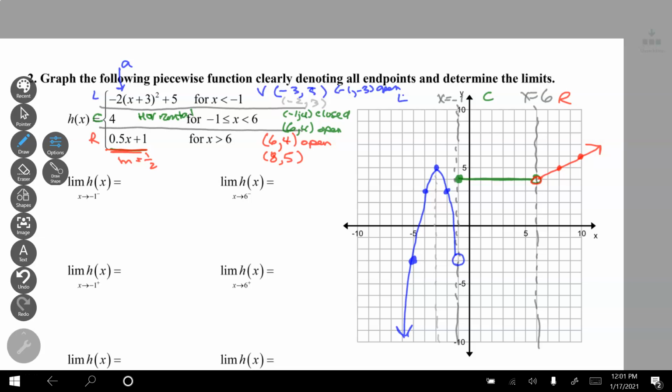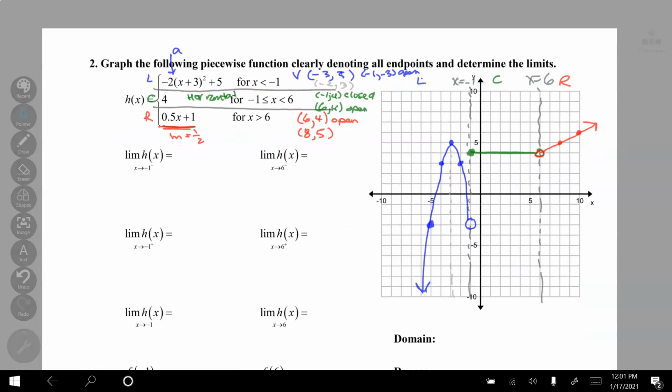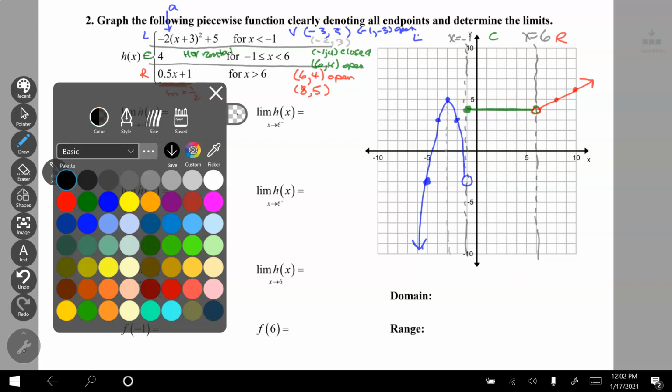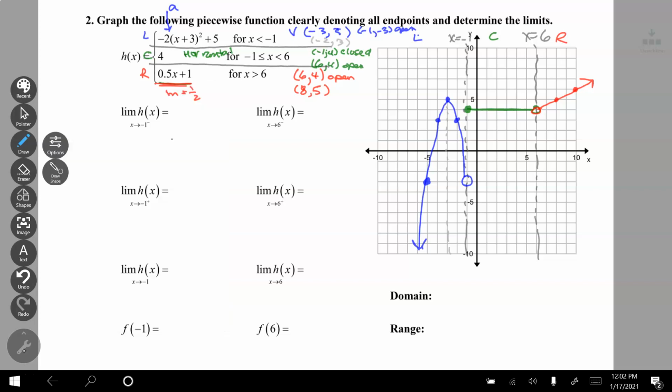So the left piece is a concave down parabola. The center piece is a horizontal line. And the right piece is an upward diagonal line. Now I could do my limits looking at this graph. So right here at -1, the left side of -1 is the blue graph, and it stops here at -3.